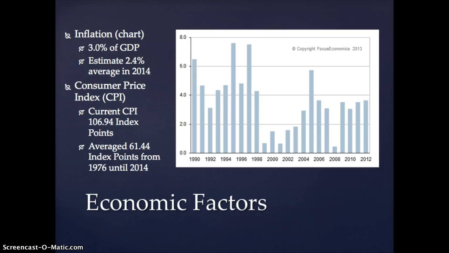Also, the Consumer Price Index is currently 1.06694 index points, and the average Consumer Price Index is 61.4 index points from 1976 until 2014.